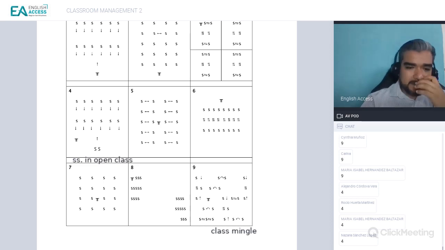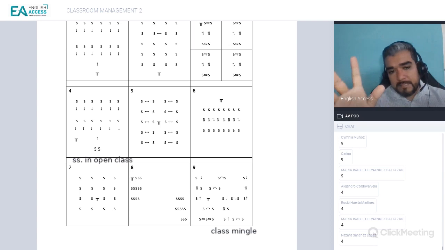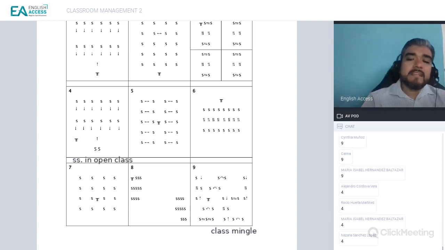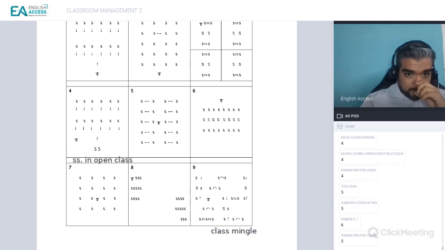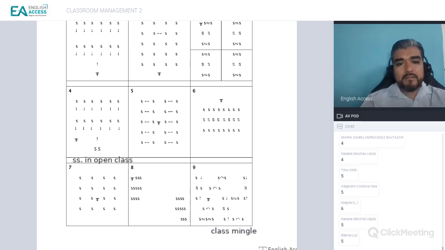All right, let's see the next. Students sit in rows, working in pairs, sitting face to face or back to back, not in front of the whole class.